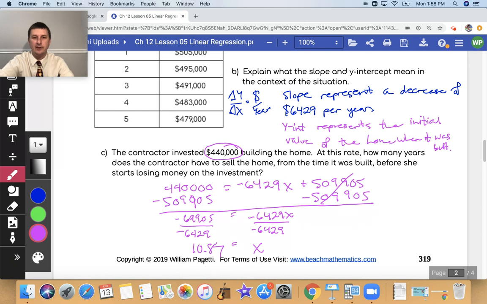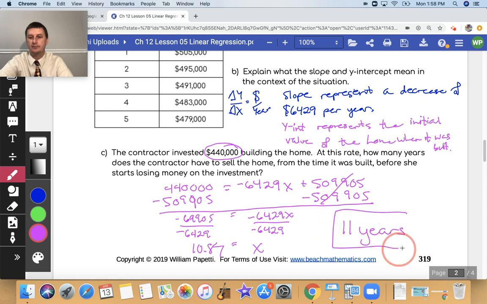At 10.87 years, it will be. So at the 11th year will be the first year that she starts losing money. So we want to be careful and always go back to reading the question, making sure that we're answering what's being asked. And it's going to be 11 years before she starts losing money on the home.